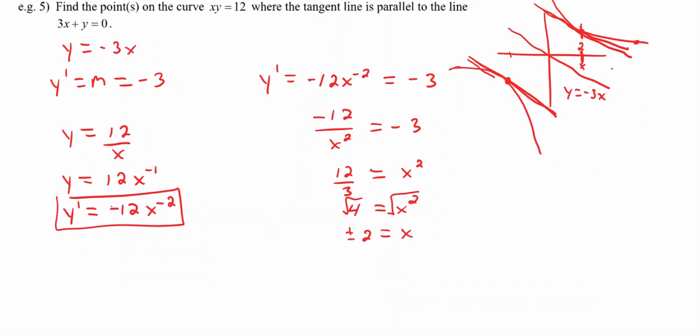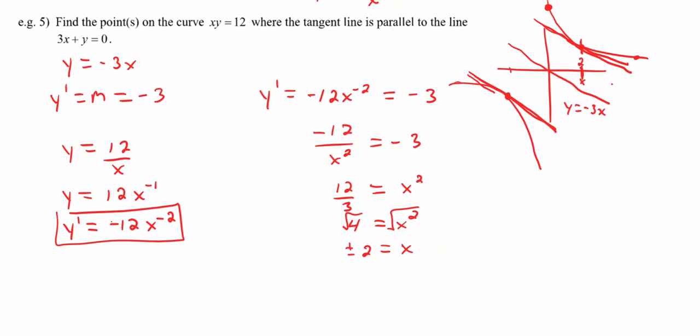Now the very last thing to do here is to figure out what the points are. I know the x values, but for a point we need the y value too. So f of 2 would be equal to 12 over 2, so 6. And f of negative 2 would be equal to 12 over negative 2, so negative 6.